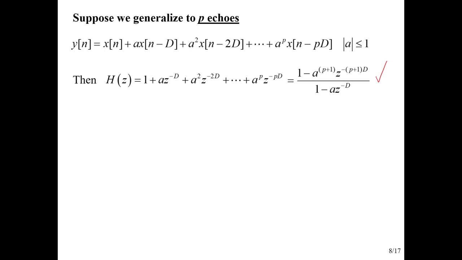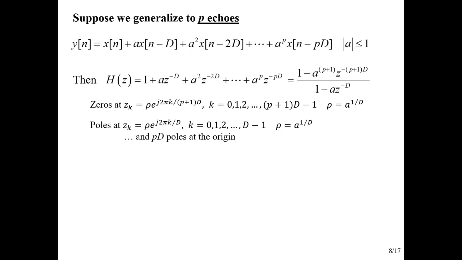This looks just like what we had before, except before we had P equal to 3, so we got an A to the 4 and a 4 here, but everything else is the same otherwise. So we can go through the same deal here and find where our zeros are. Everything is the same except now P is general instead of being 3.